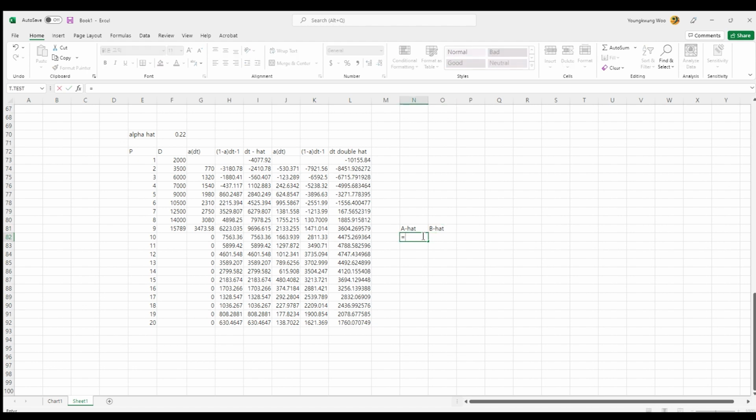For A hat, it's gonna be 2 times T hat minus D double hat.